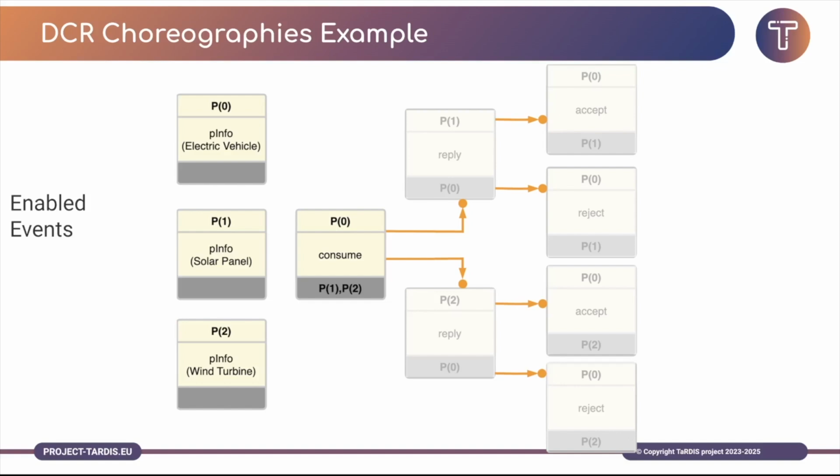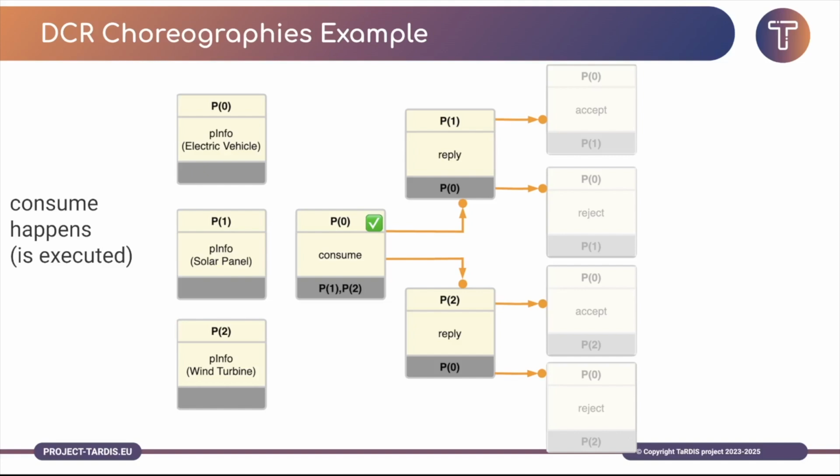In this case, if P0, the consumer of energy, executes the event consume by interacting with the system, it enables the reply events from both P1 to P0 and from P2 to P0. There are two instances of the event reply, each one assigned to one of the participants, P1 and P2, the producers of energy.